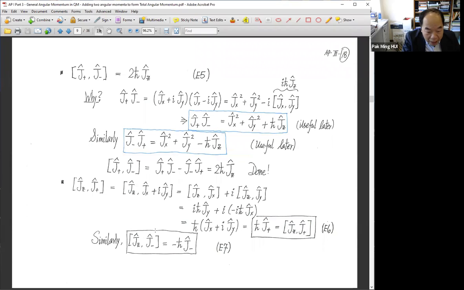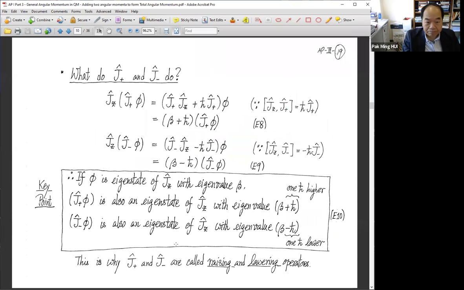You can work out the other one, Jz and J minus, that is minus h bar J minus, okay? So a little bit boring, but mathematics, every step is true. Now, the physics kicks in.